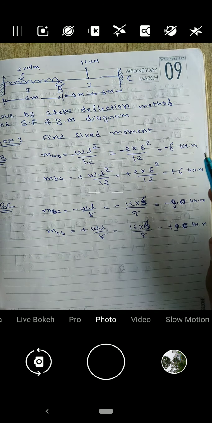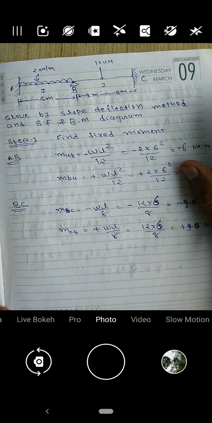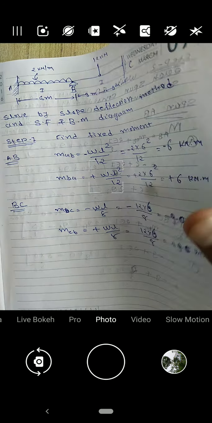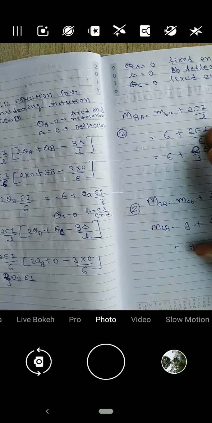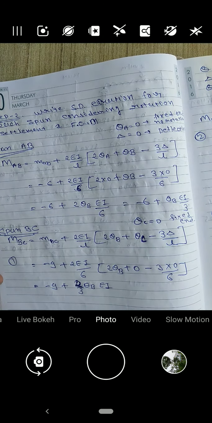So here we have completed the first step, fixed end moment. Now the second step was to write down the slope deflection equation.